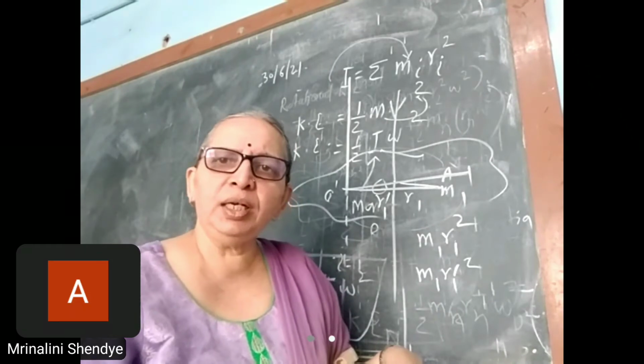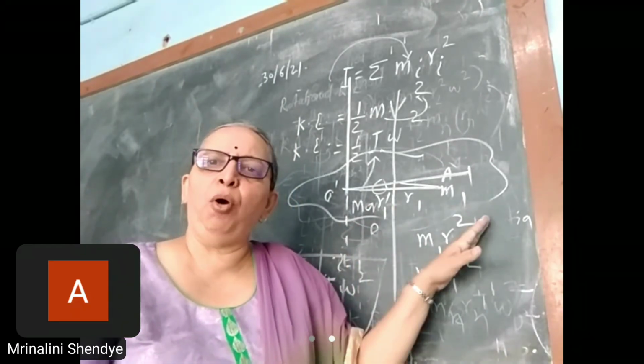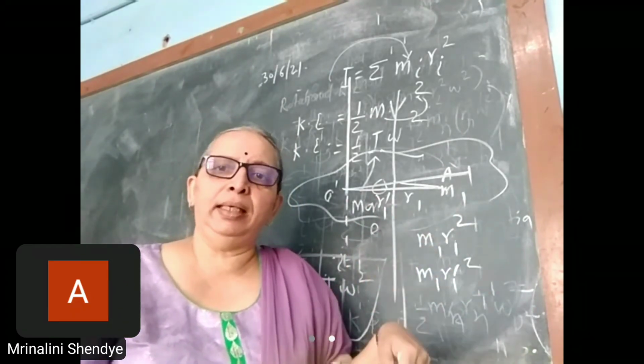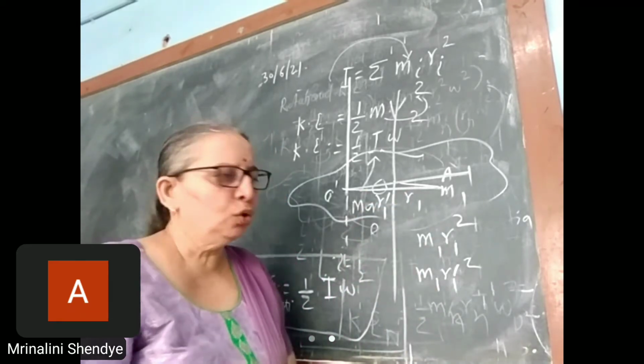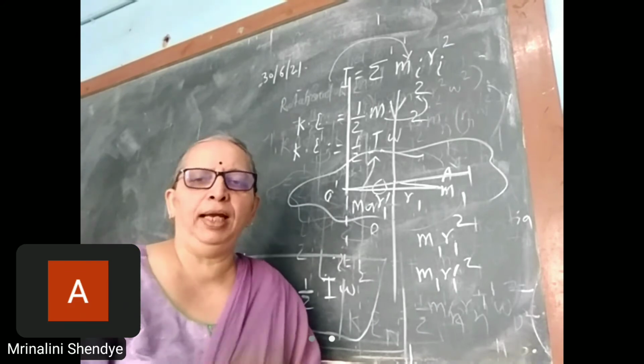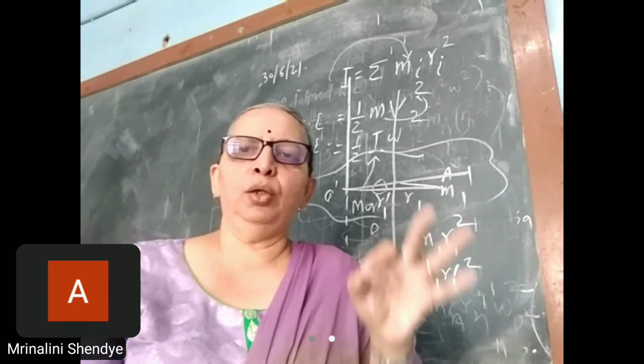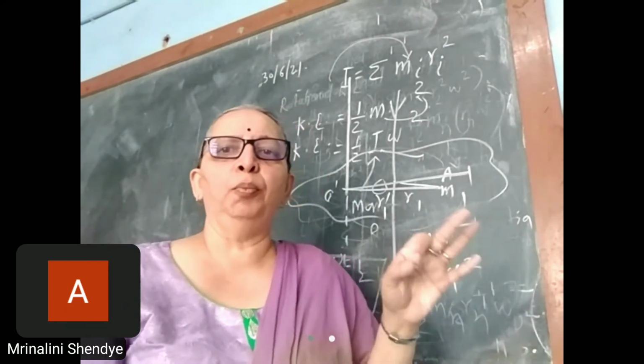The opposition to the motion offered by the body will then be greater. ऐसा रहता है. So I का वो physical significance है. So this moment of inertia plays a very important role in the rotational motion of the body.